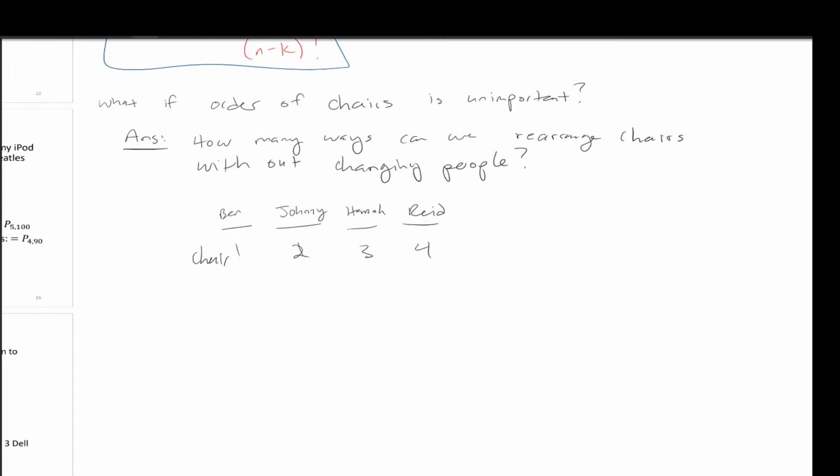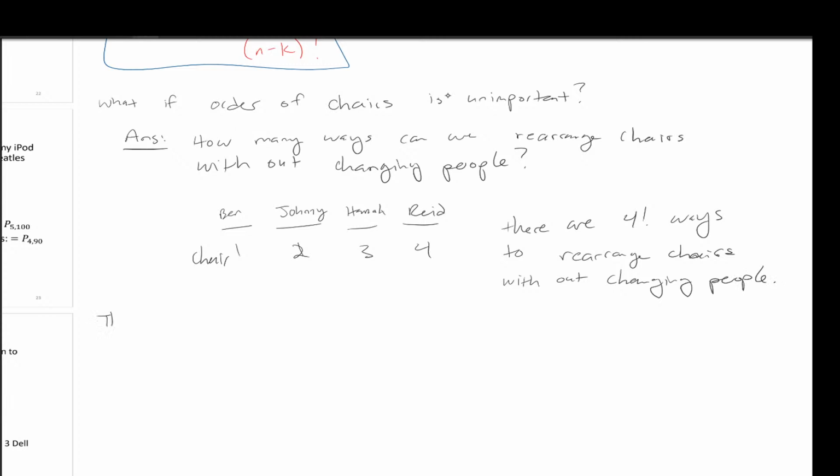So let's say Ben has 4 options for his chair. Johnny has 3 options, Hannah has 2 options, and Reed has 1 option. So there are 4 factorial ways to rearrange chairs without changing people.